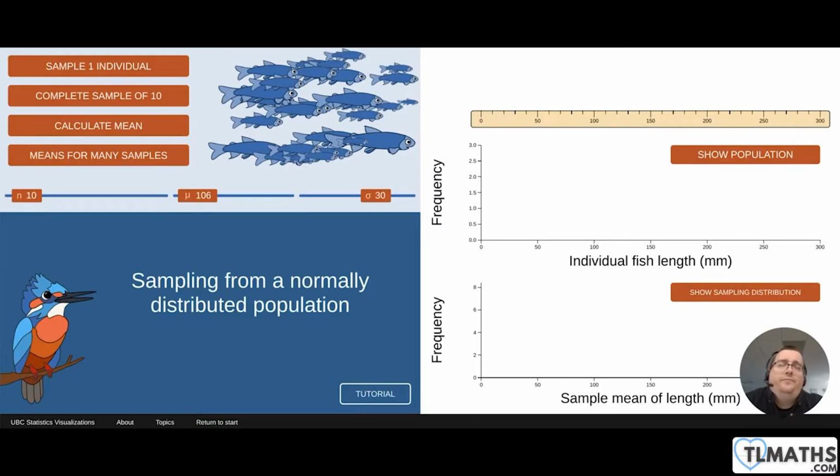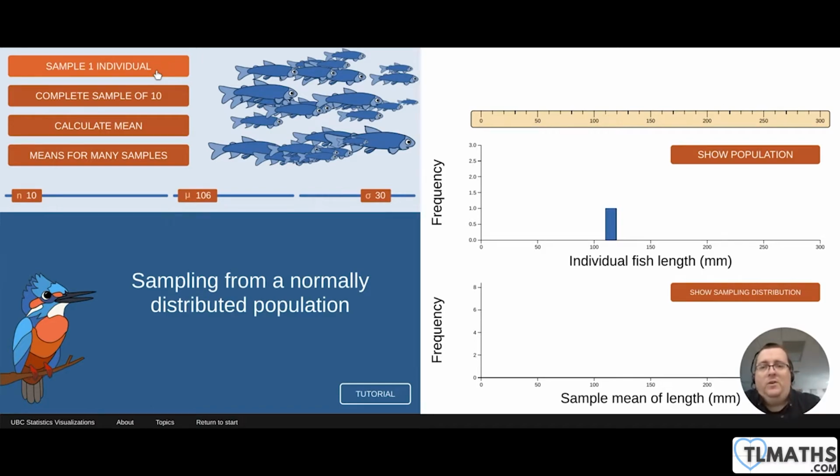Now, in order to do this, I've been able to take away the issue of actually catching the fish for myself. Thankfully, this website is going to do it for me. And essentially, what it does is I can catch a fish, it measures its length, so in this case 119 millimeters, and it plots it on the graph.